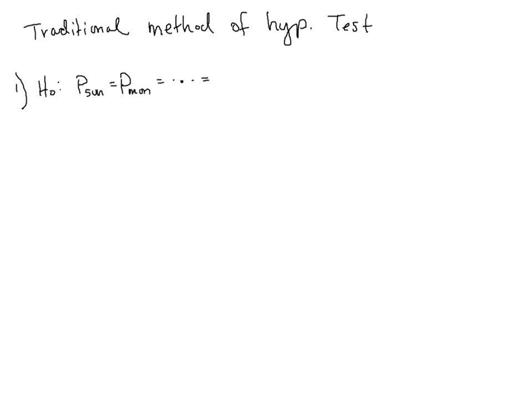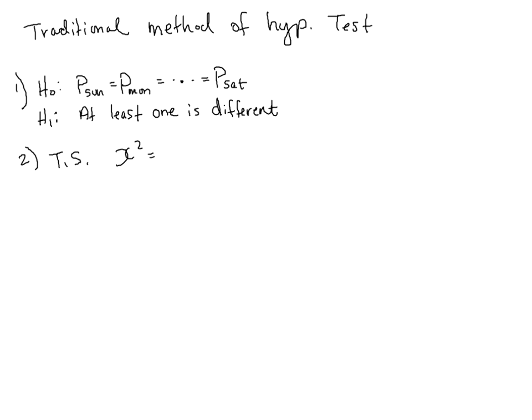And then I think we ended with Saturday. So the probability of getting into an accident on the different days are equal. And then our alternate hypothesis said that at least one is different.